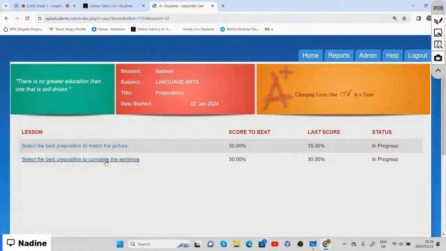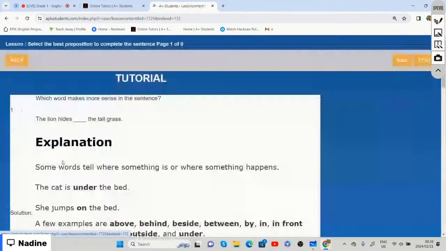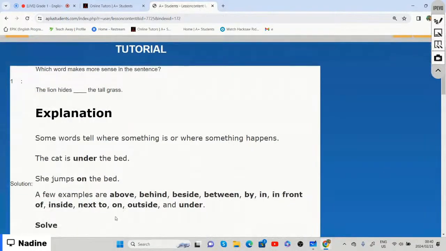All right, so now we're going to the next lesson that says we need to select the best preposition to complete the sentence, right? So we're going to choose one of the prepositions that tells us either where something is or where something is happening, and we're going to choose words like above, behind, beside, between, by, in front of, inside, next to, on, outside, or under.